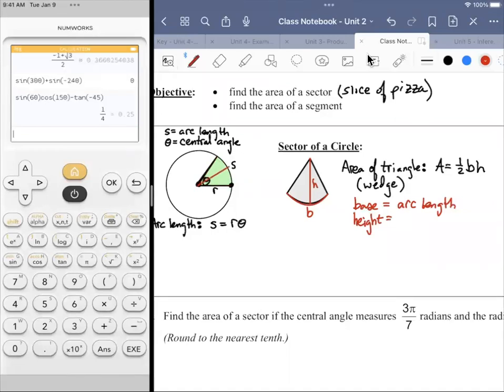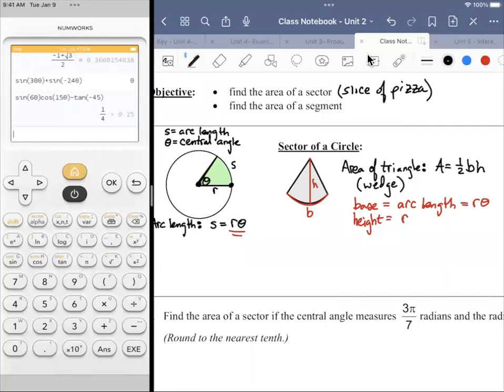It's going to have the same radius value no matter where we are on the circumference of the circle. So if I put it here, that's the same as saying r. So the height has to be equal to r for radius. And we just talked about this: the arc length is equal to r times theta.